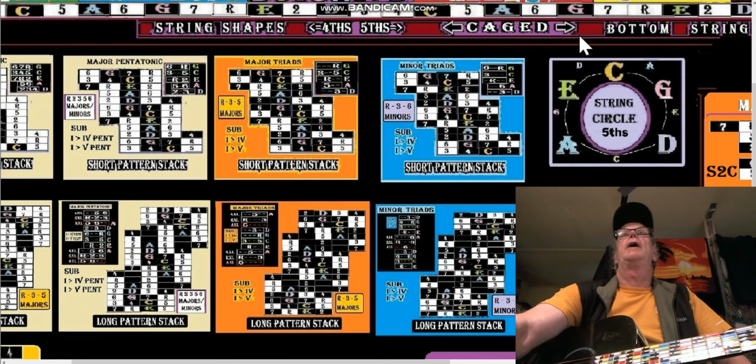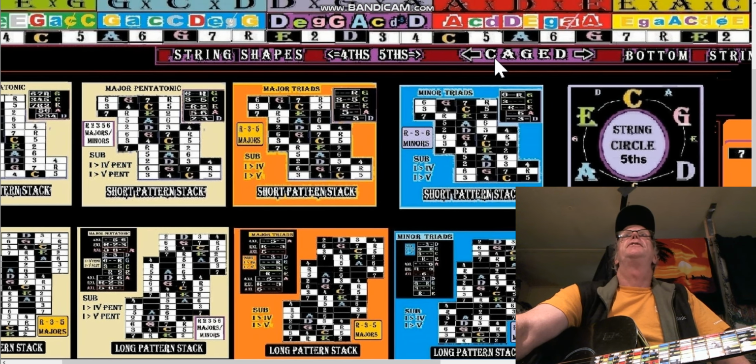And going to the right, we're going CAGED, so we go C. This is in fifths now. C, skip A to G, it's a fifth. G is the fifth of C. Skip E to D, D is the fifth of G. Skip C to A, A is the fifth of D. Skip G to E, E is the fifth of A.